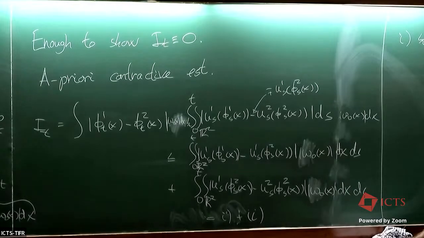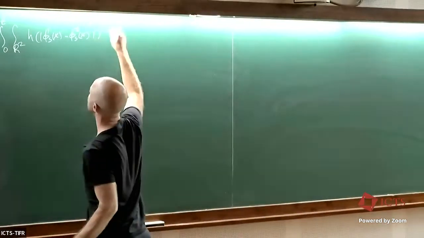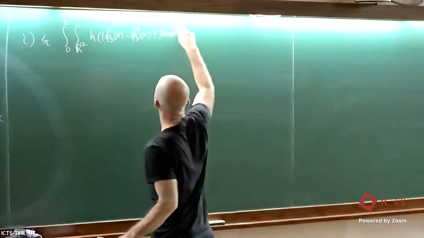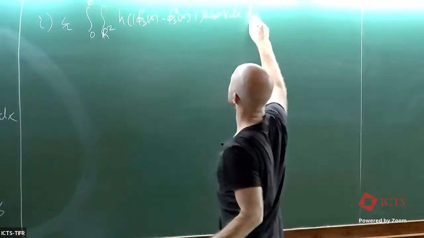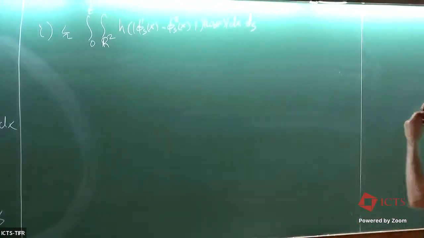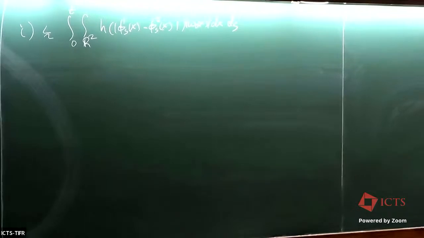Now integral over R2. And here we get the Osgood modulus of continuity. Good.